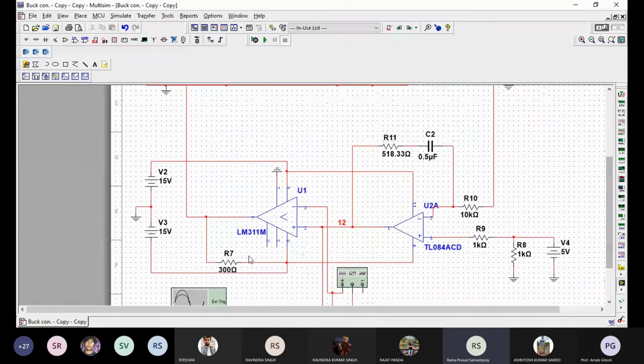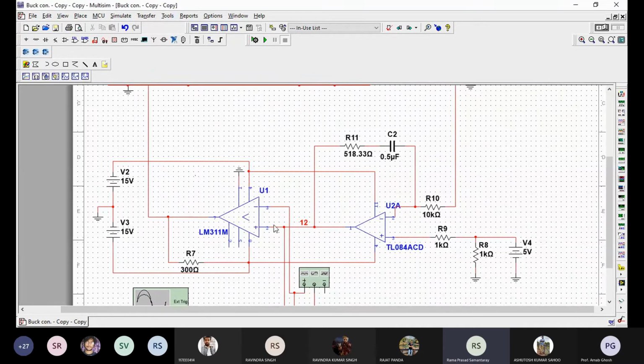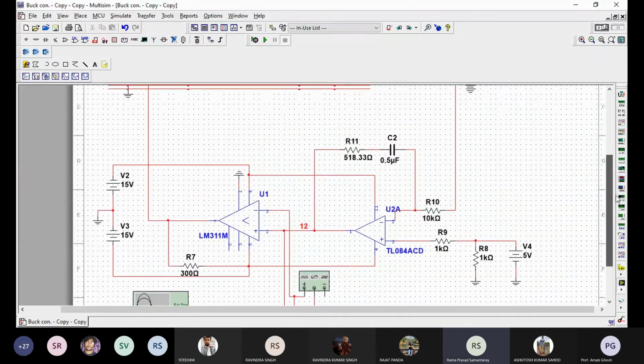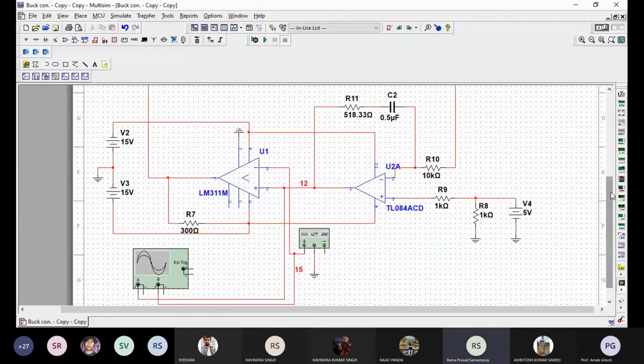Up to this you can see in the manual page a connector is given, but I have directly connected, and the same components I have taken as per your circuit diagram. So first, using analysis, you will see the waveforms. You can also take this circuit screenshot.